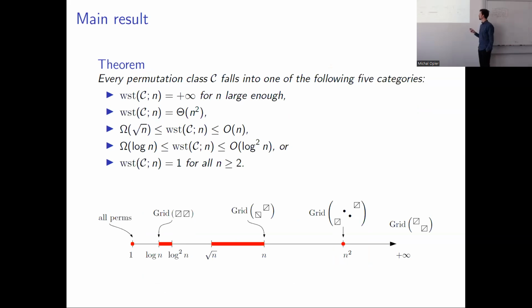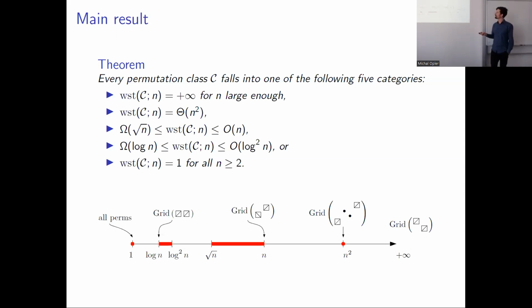Either it cannot sort at all, like the cyclic rotations, or it sorts in quadratically many steps, like the parallel transpositions, or it's between square root of n and n, like pancake sort, or it's between log n and log squared n, like bucket sort or radix sort, or it sorts in constant time, but only the class of all permutations sorts in constant time. This is the full picture, and we'll be coming back to it several times.